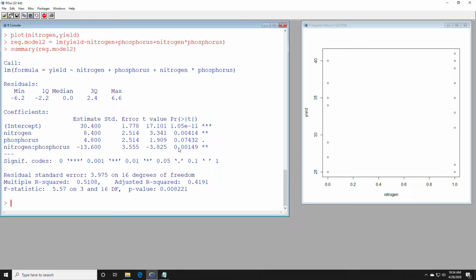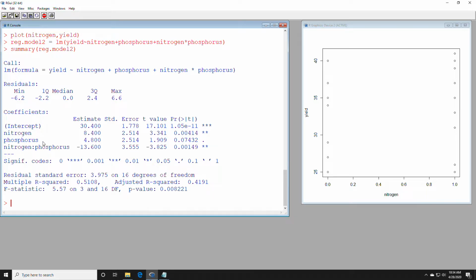However, as I've said before, the interaction term between nitrogen and phosphorus is useful. The p-value is less than 0.05, so we're saying that beta 3 is not equal to 0, so this is useful. Because phosphorus is useful in this interaction term, even though we could maybe kick phosphorus out based on its own p-value, we don't kick out the lower order term when it's useful in a higher order term like an interaction term or a squared term.